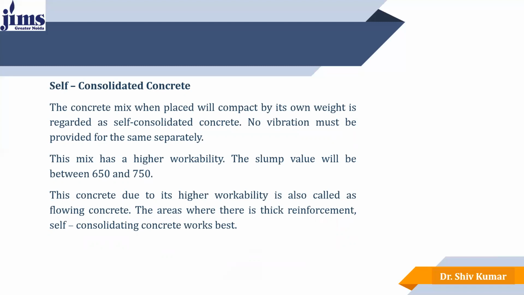This mix has higher workability. The slump value will be between 650 to 750 mm. This concrete, due to its higher workability, is also called flowing concrete. In areas where there is thick reinforcement, self-consolidating concrete works best.